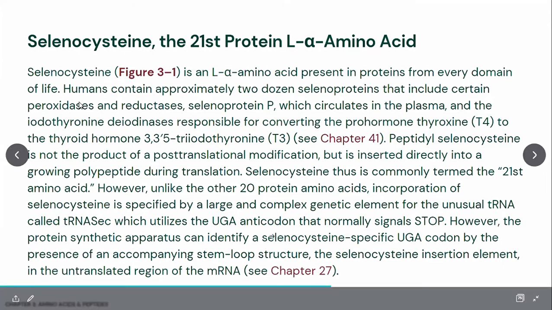However, the synthetic apparatus for protein can identify a selenocysteine-specific UGA codon by the presence of an accompanying stem loop structure. The selenocysteine can be inserted into a protein. So this is a very unique amino acid, selenocysteine.